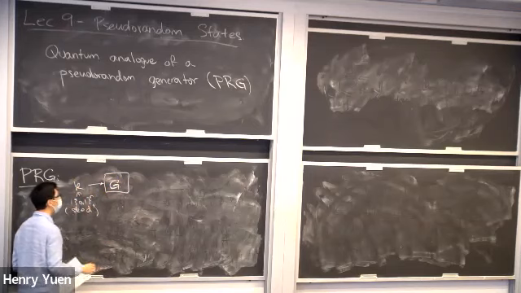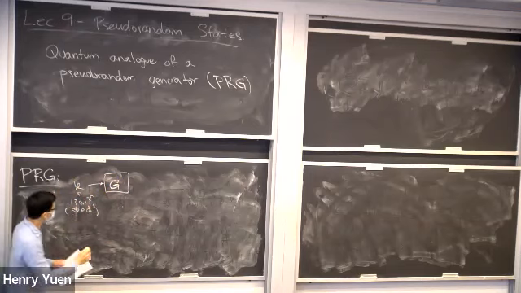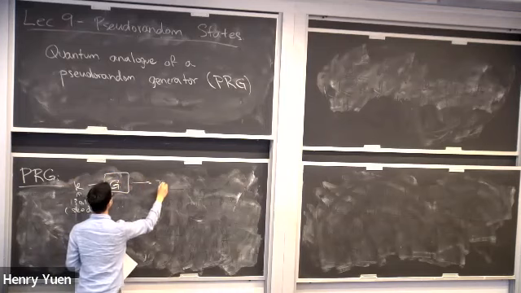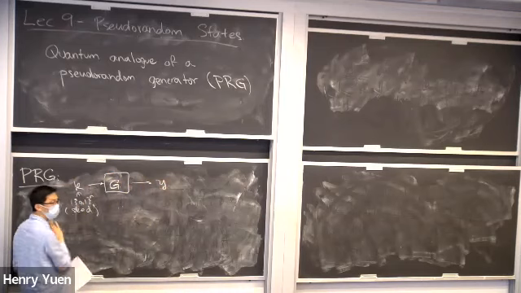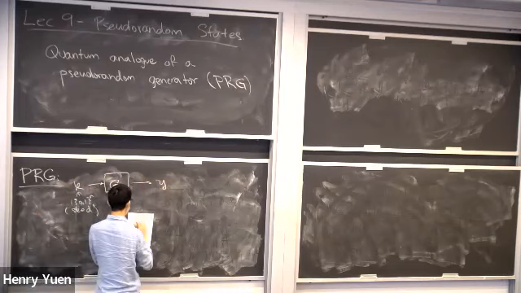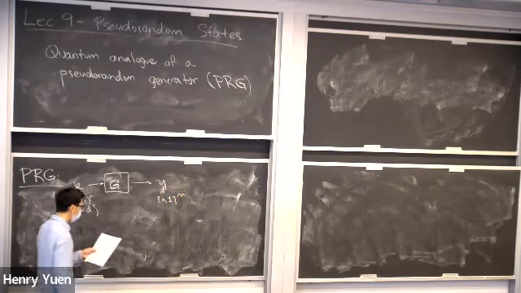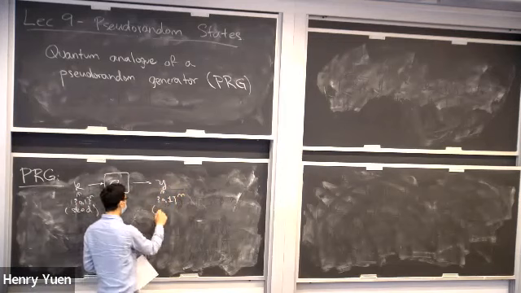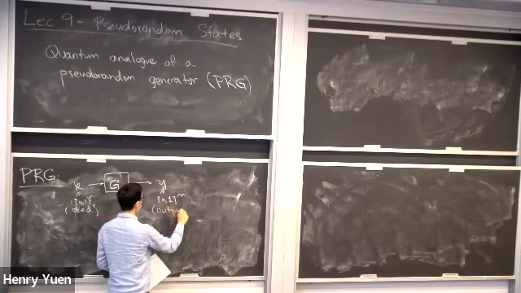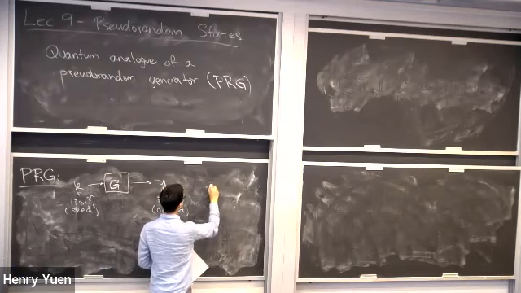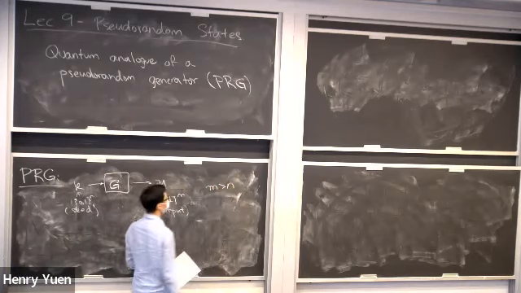It's a seed randomness to this generator. And it outputs a string that's supposed to be longer than n bits. So we'll call the output y. It's m bits long, and this is the output of the generator. And we're going to assume that m is greater than n.